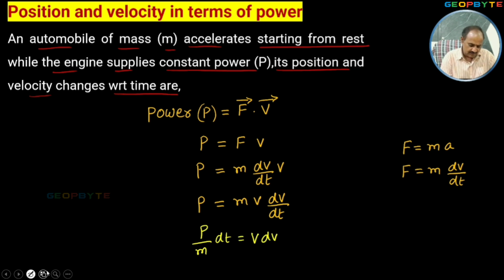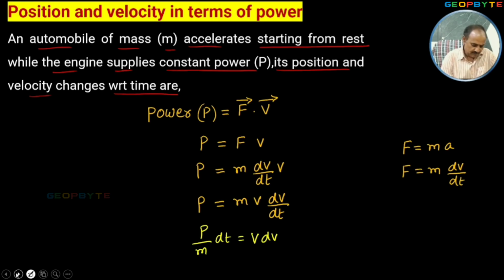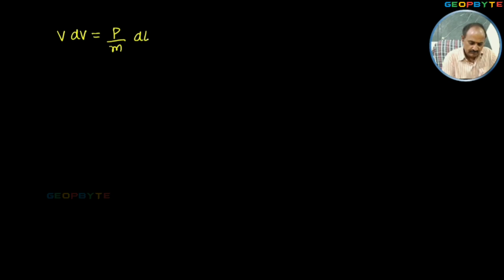So v dv equals power by mass multiplied by dt. Now upon integration, here it is v square by 2 is equal to power P by m.